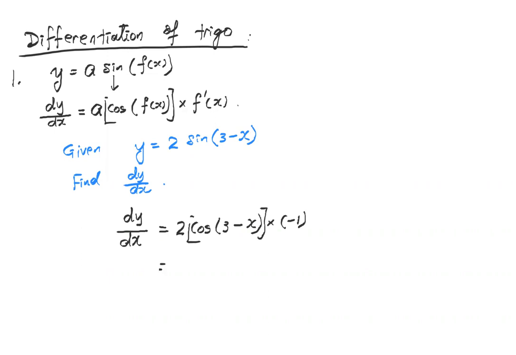So the answer is -2 cos(3 minus x). Got it? So straight away, memorize.